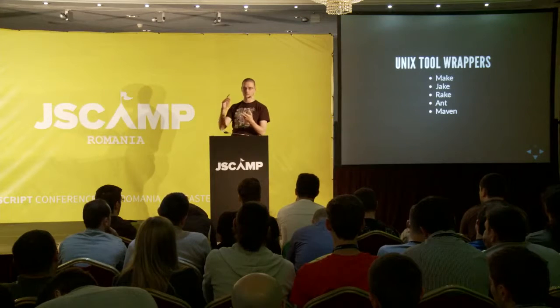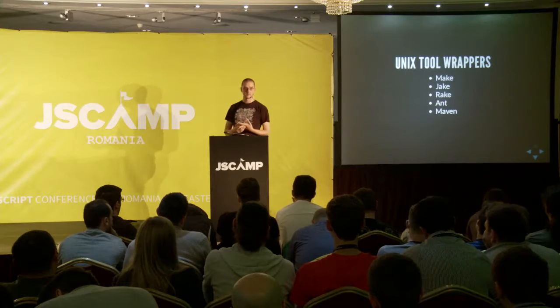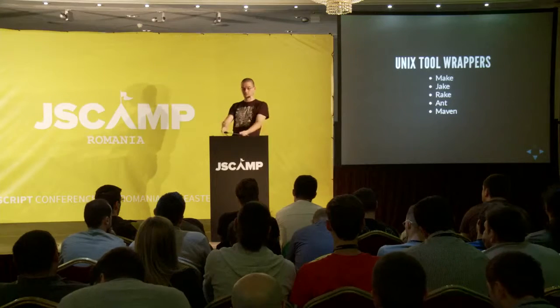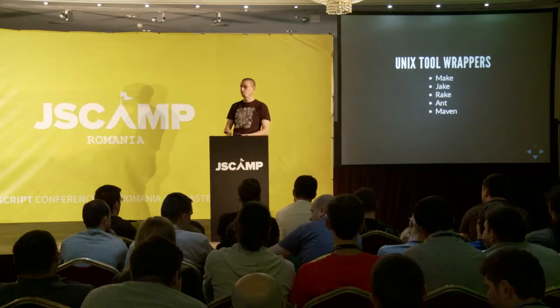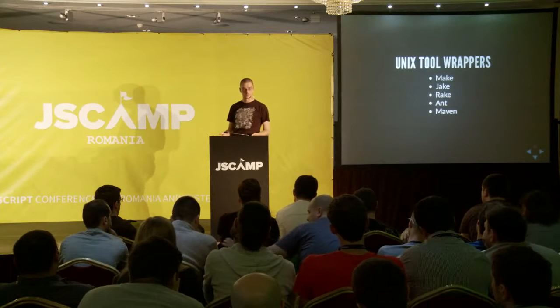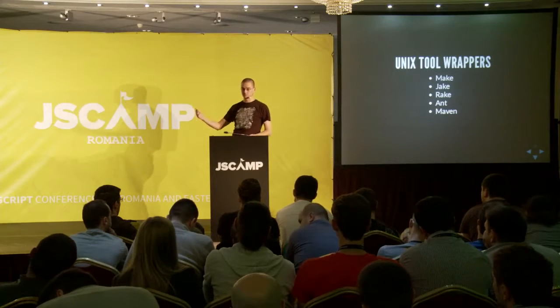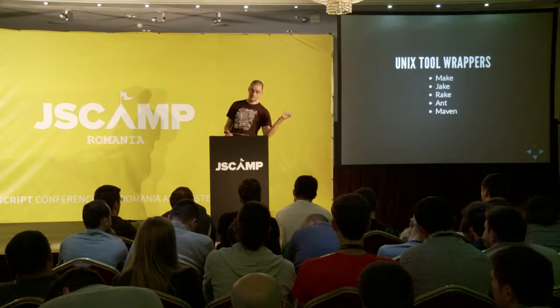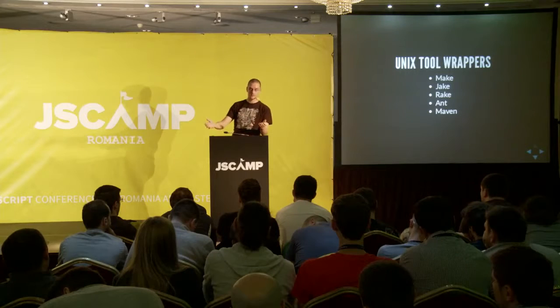That's a change of URL, a change of file name, and these things have to be reflected in the context of the web page. The problem with Unix tools is that they don't take the context into account at all. They basically just say, I need some input, and it's up to you to find that input. I'll output some output, and it's up to you to place that in the right place.